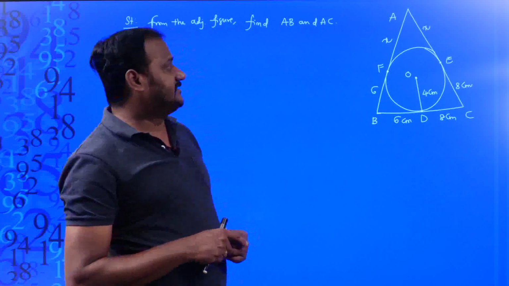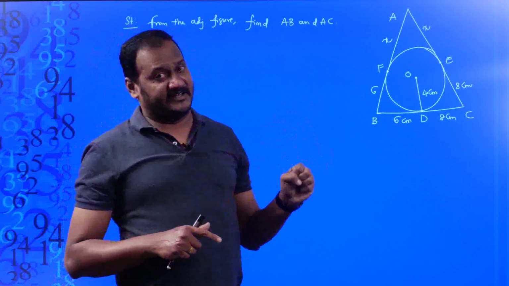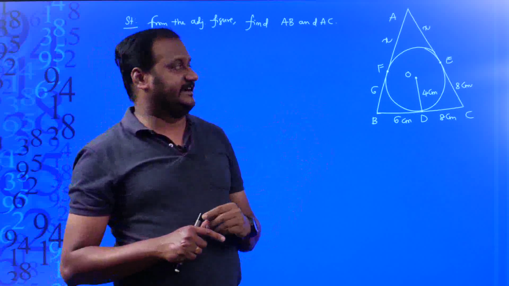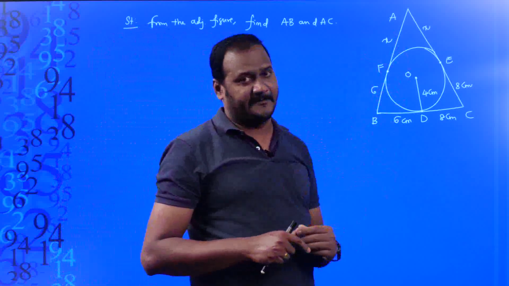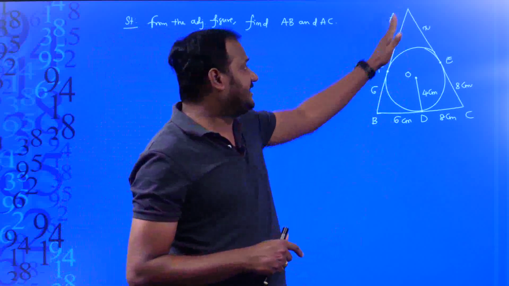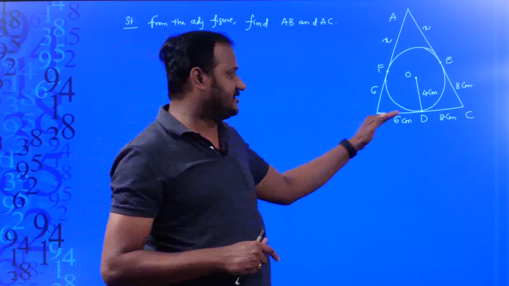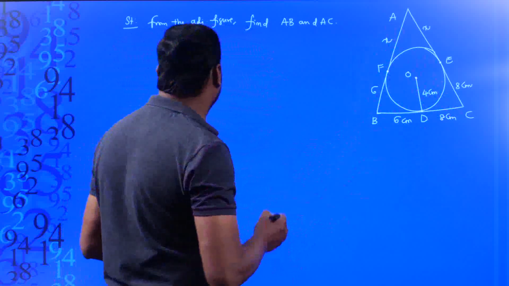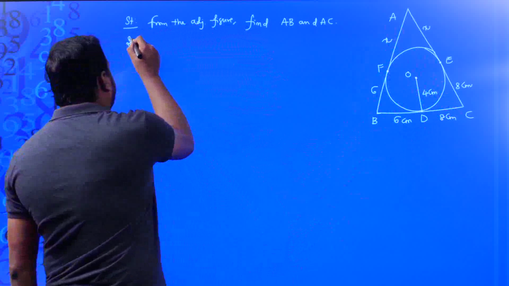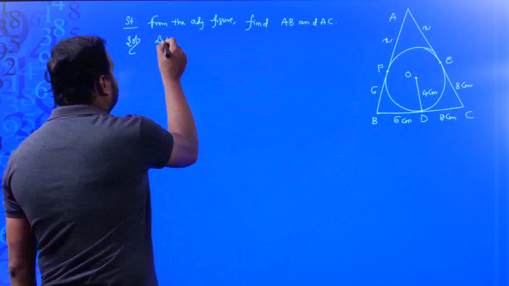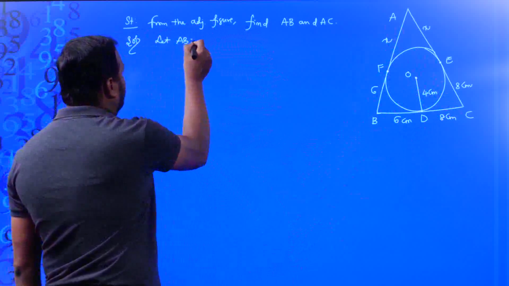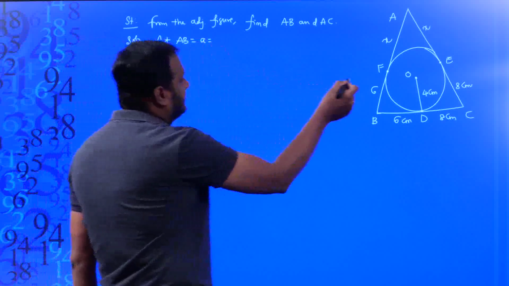So, as per Heron's formula for the area of a triangle, when you know all the 3 sides AB, BC, CA, let us have the first side AB equal to small a, BC equal to small b, CA equal to small c. What is the length of side AB here?